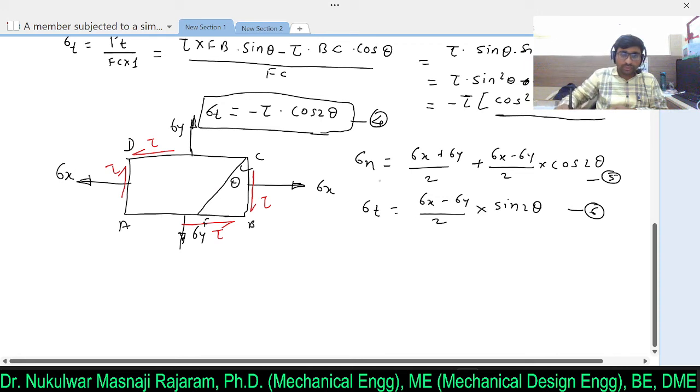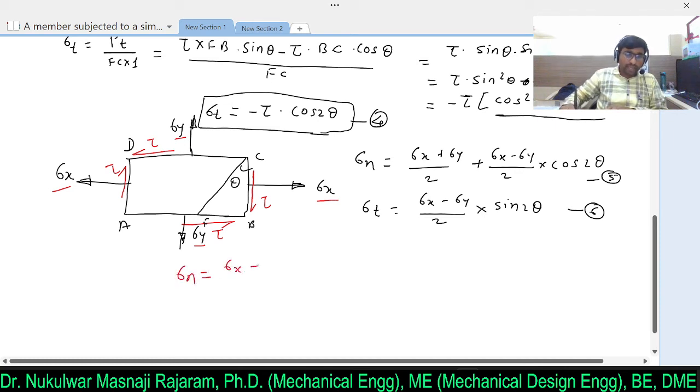Here if you observe, these are the two stresses, sigma x and sigma y, direct stresses acting on this particular body member ABCD in mutually perpendicular directions, and a simple shear stress, tau, is acting on this body. So whenever you want to evaluate the normal stress acting on this, just combine the two results.